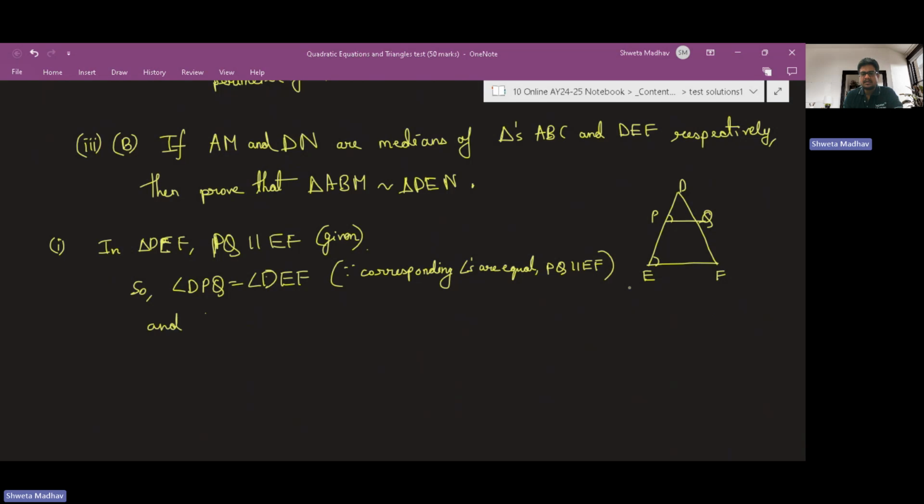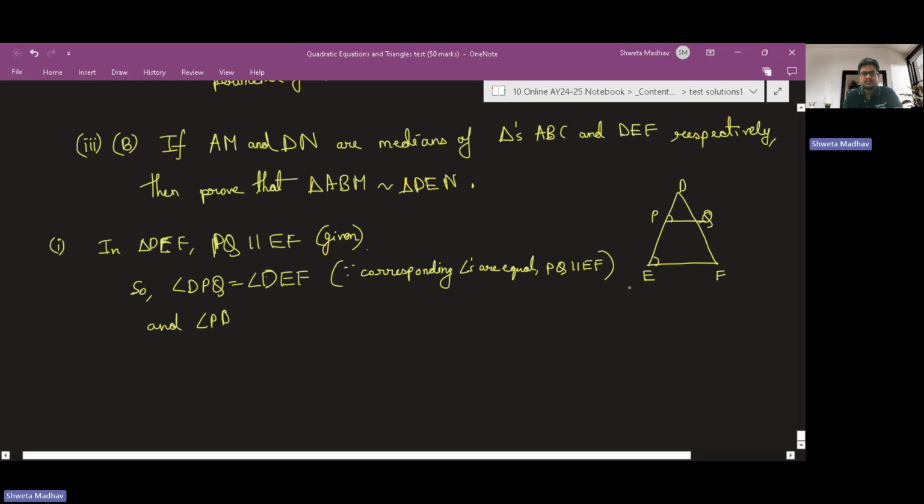And we can say that angle D is the common angle.